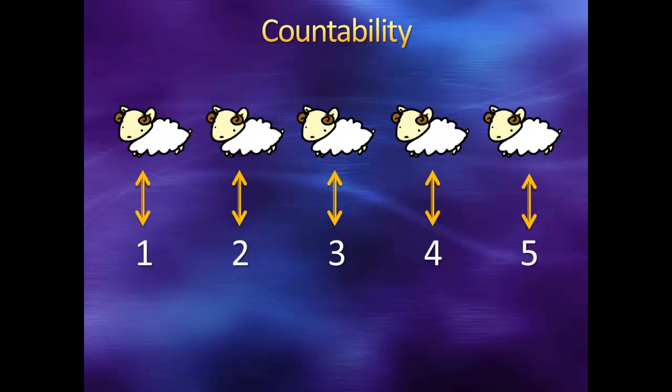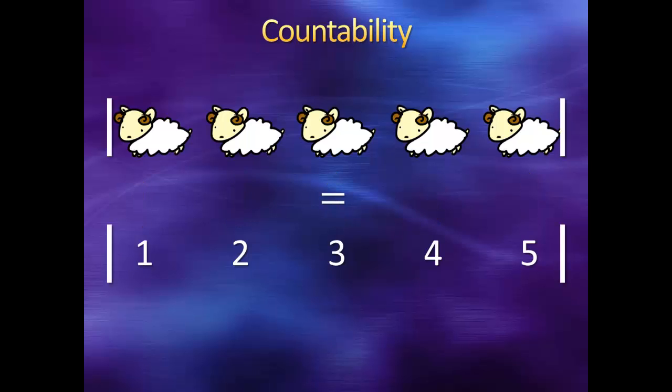So the function that does this is a bijection between the set of sheep and the set 1, 2, 3, 4, 5. Since that second set is a subset of the natural numbers, we say that the set of sheep is countable. It should come as no surprise that any finite set is therefore countable.